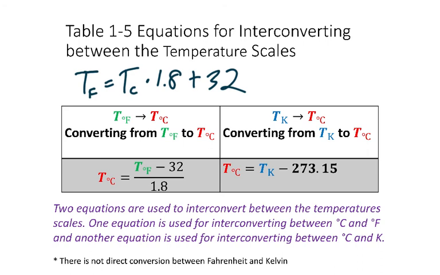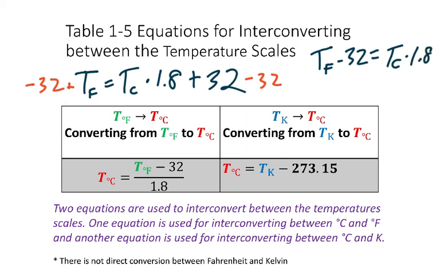So if I subtract 32 from both sides, then I have T_F minus 32 is equal to T_C times 1.8, and divide by 1.8 on both sides.